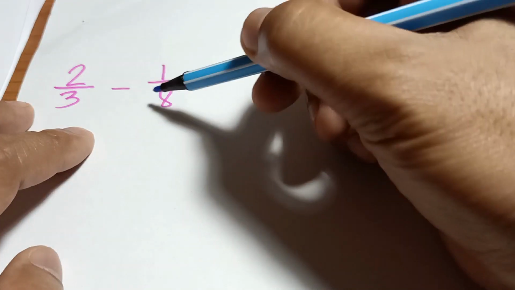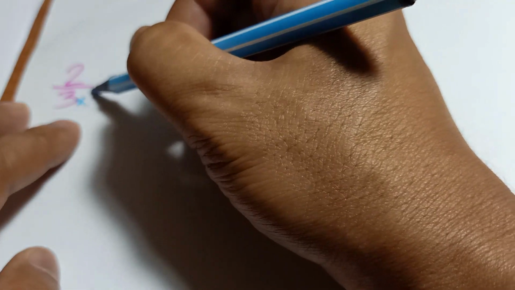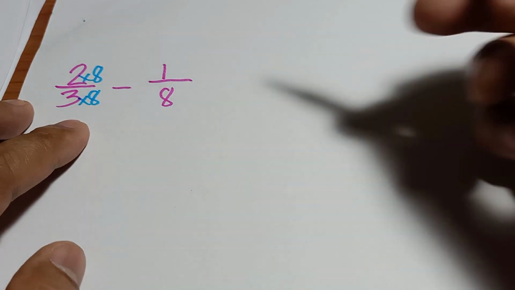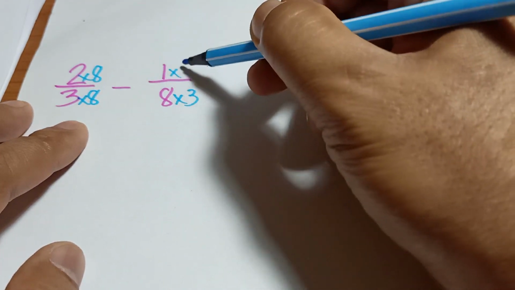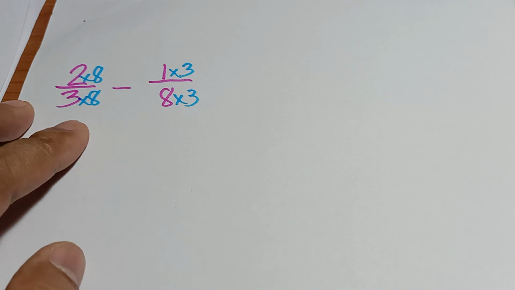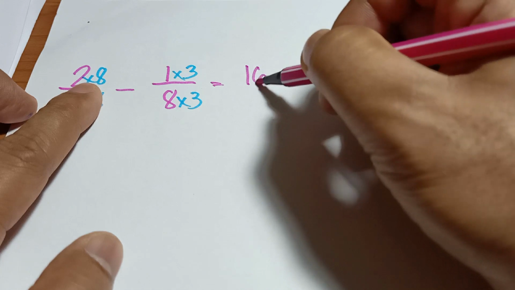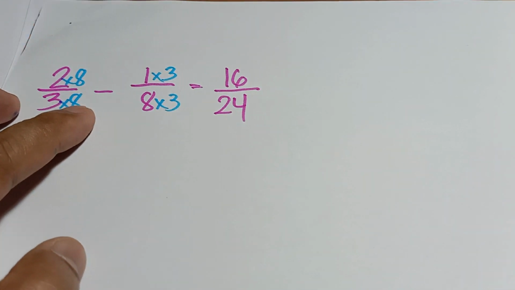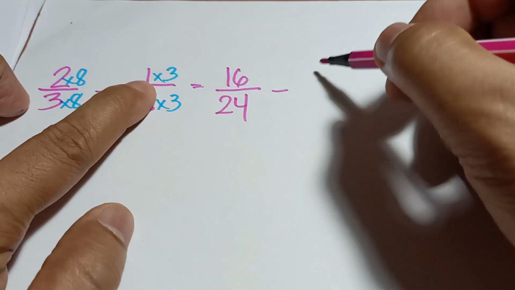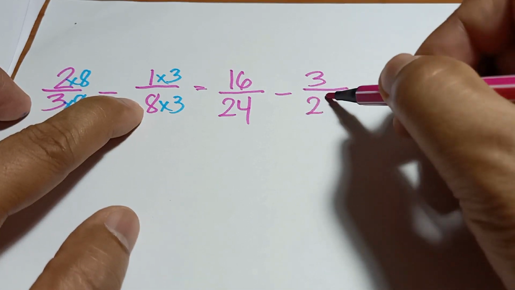So you can use 8 here to multiply it here: 3 times 8, and this one is times 8. And then you can use 3 here to multiply it here: this one is times 3, and this one is times 3. Then 2 times 8 is 16 over 3 times 8 is 24, minus 1 times 3 is 3 over 8 times 3 is 24.